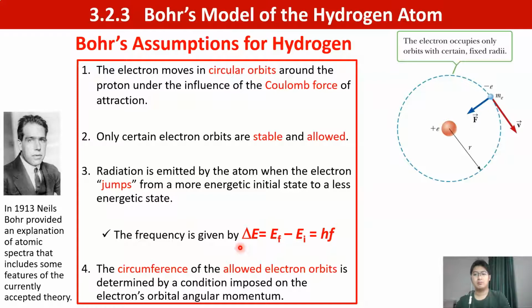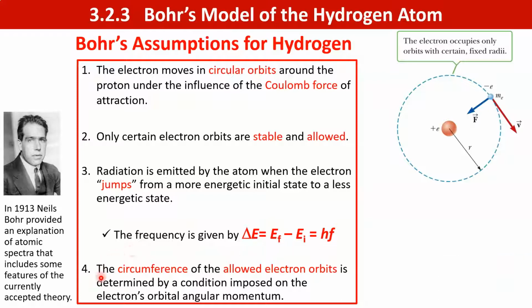When light is emitted or absorbed, we want to know the change of energy between the energy levels. The change of energy equals E final minus E initial, which equals hf. h is the Planck constant, f is the frequency of the light emitted or absorbed.